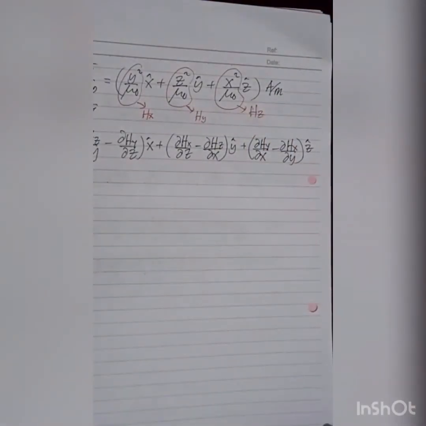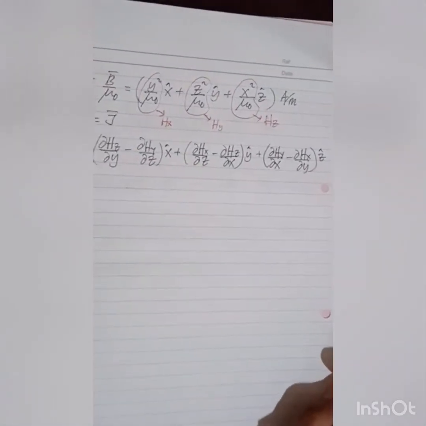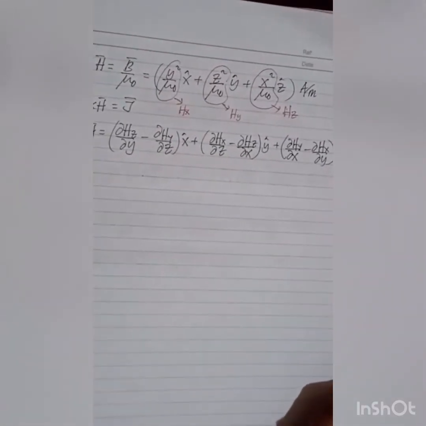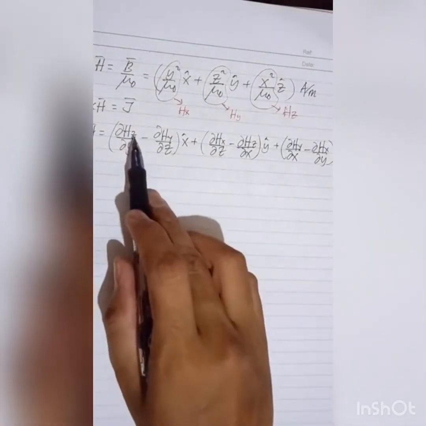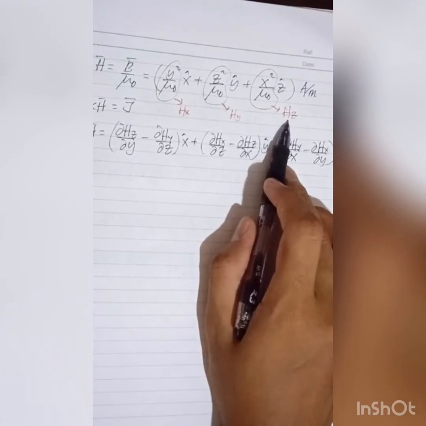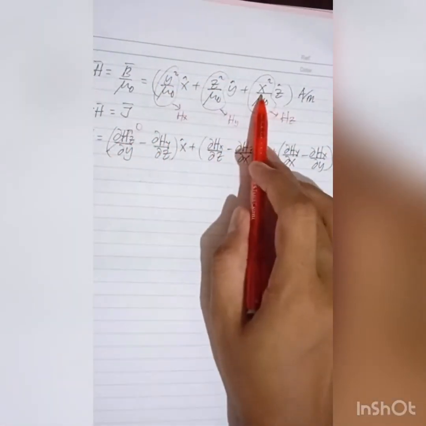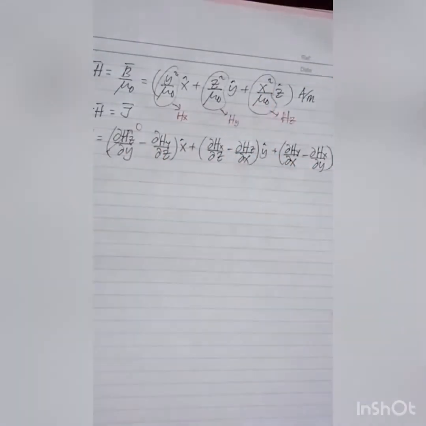So let's analyze one by one. In these expressions of curl of H, the first one, dHz over dy: this is our Hz, and since there's no y term inside, you're going to have a 0 value, because in Hz there's no y term.